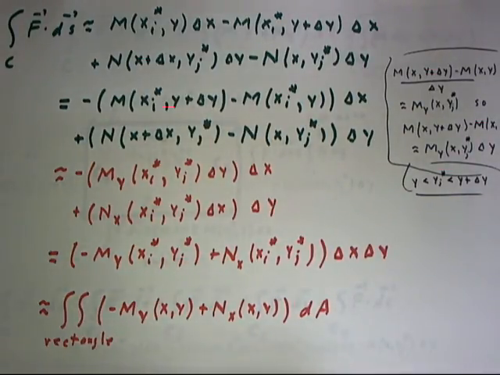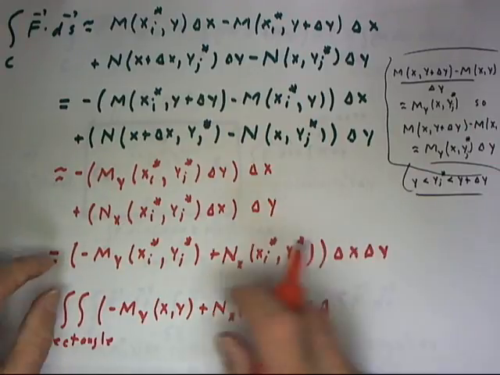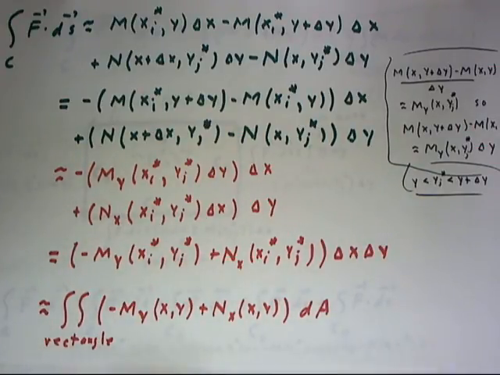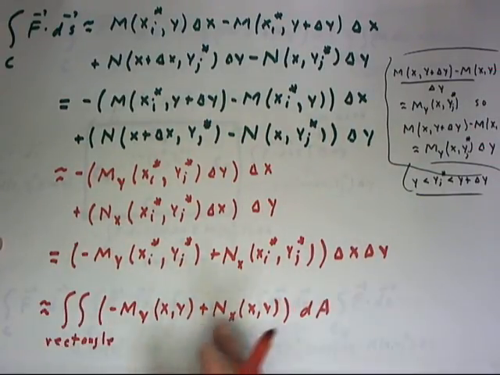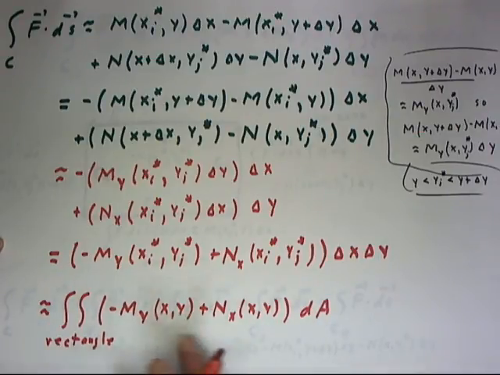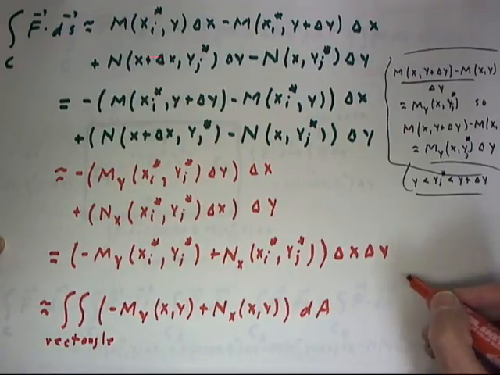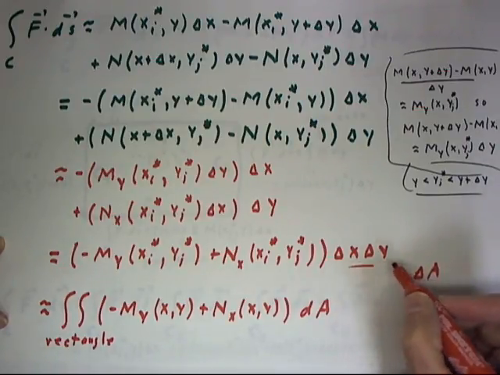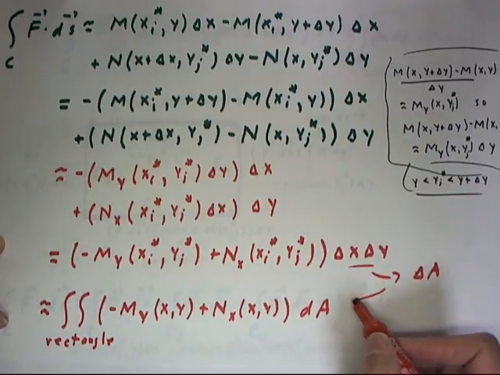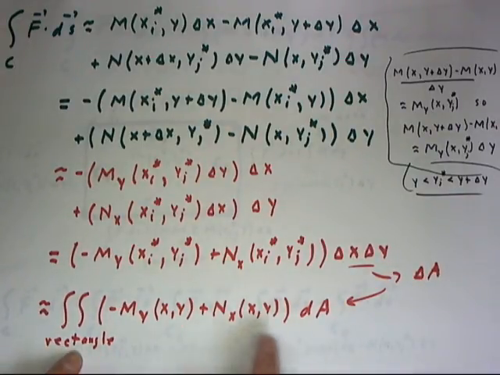Lost track of the forest for the trees here, but we're taking the limit of this so that this is going to be approximately equal to the integral of this expression over the area, and the delta x delta y is a delta A, and when we take limits we get a dA.